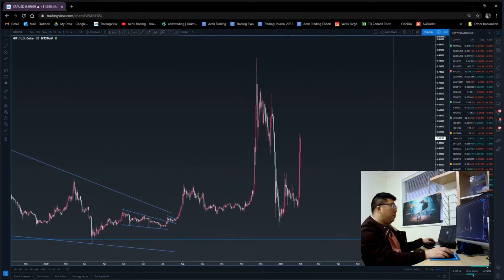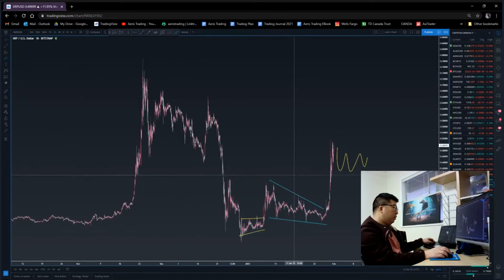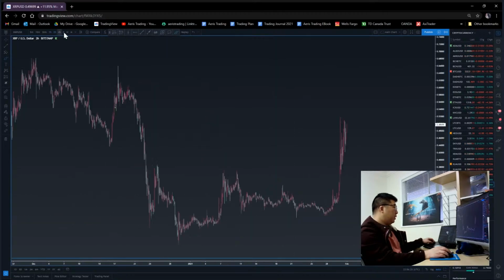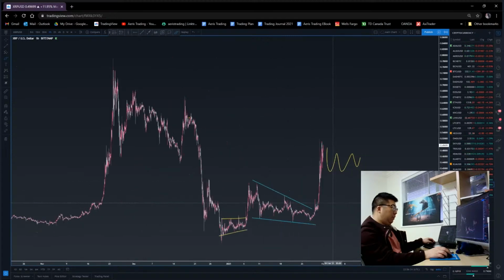Sometimes I don't have that much feed, but I'm just talking about it from a technical perspective. But if there's a pump, I guess that's good, right? That's good for buyers potentially. If this is the pump that you're in, certainly if there are going to be more buyers, then continuation, right? This looks clearly like continuation price action.